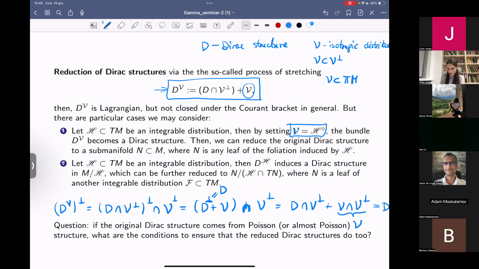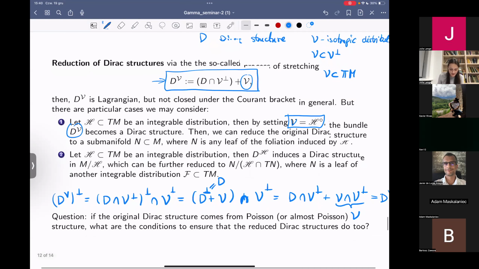So there's a closure under the Courant bracket of the sections of D nu. And then it turns out that we can reduce this stretched Dirac structure to a submanifold N, where N is just any leaf of the foliation which is induced by our distribution H.